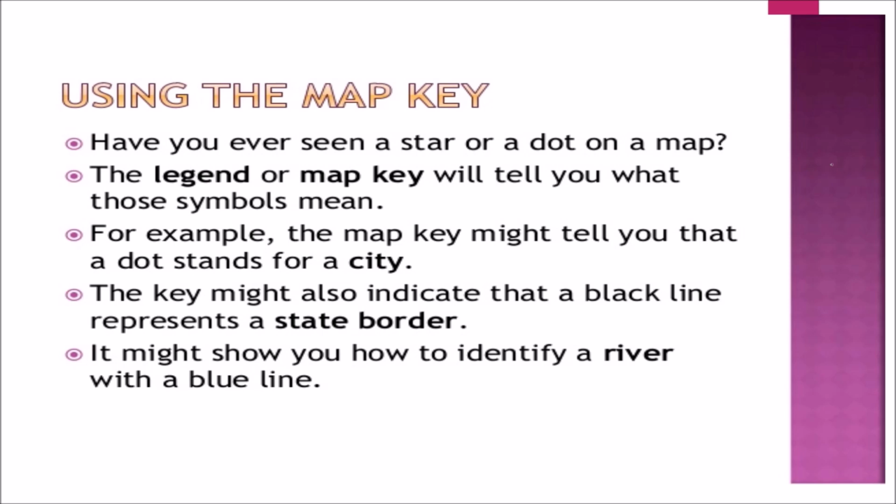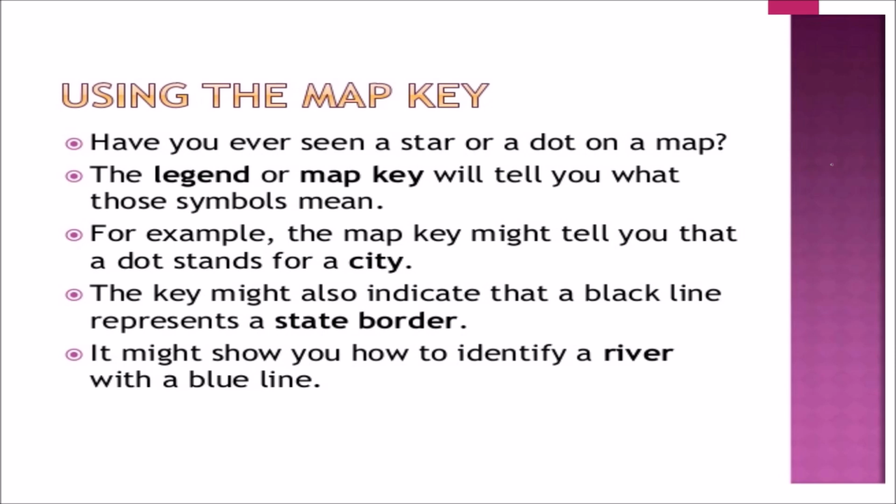Using the map key, have you ever seen a star or dot on a map? The legend or map key will tell you what those symbols mean. For example, the map key might tell you that a dot stands for a city, the key might also indicate that a black line represents a state border.